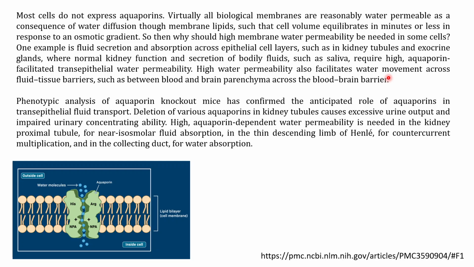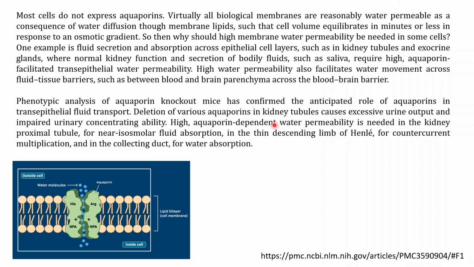That's just by free diffusion of water across any osmotic gradient through the membrane itself, of course. But to further enhance water permeability, we have aquaporins in specific types of cells, epithelial cell layers in different types of tissues that particularly require it, okay, like the kidney tubules.